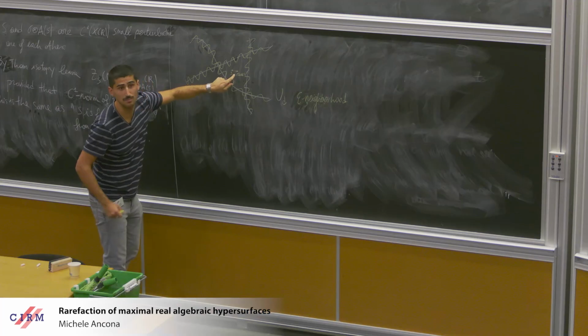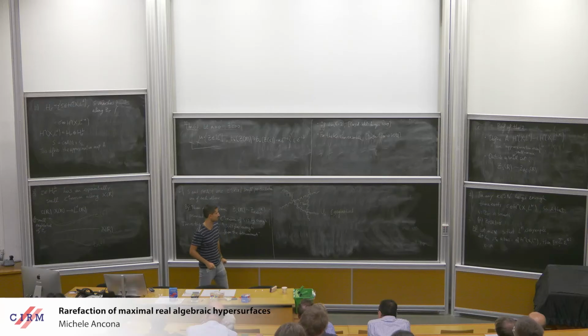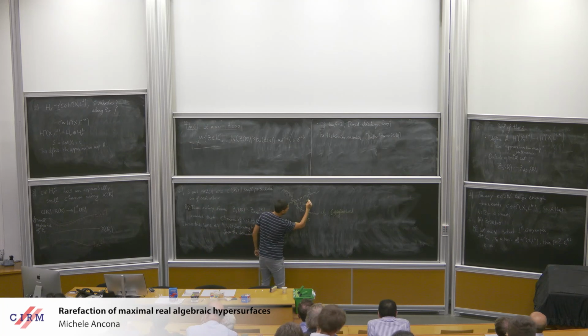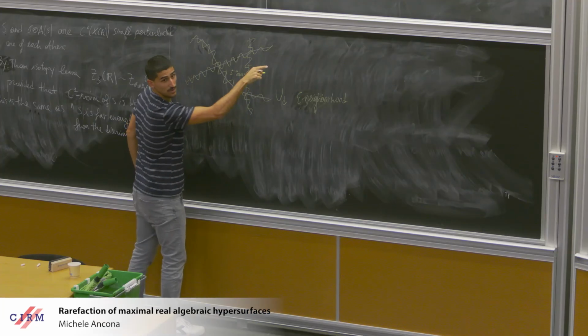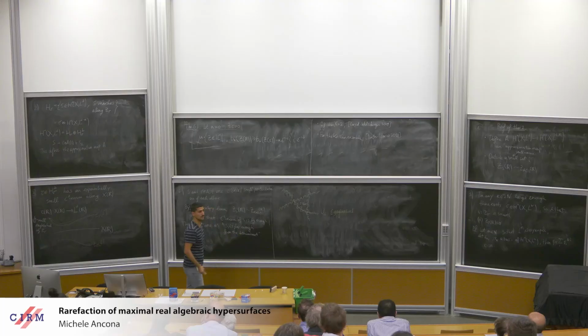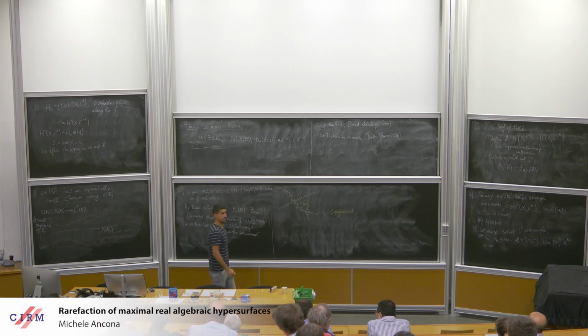So if you are close to the discriminant, it may happen that you cross the wall. If you are far from this discriminant, you are sure that S and sigma tensor A of S share the same topology.